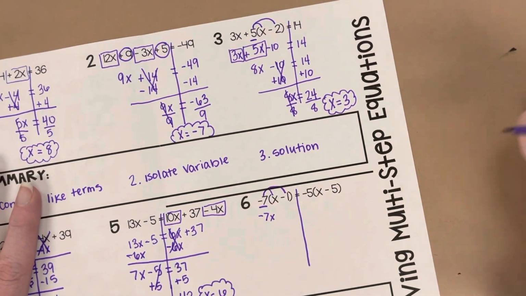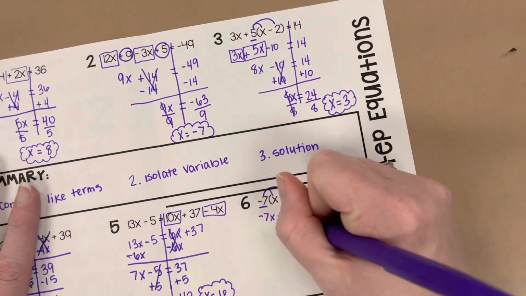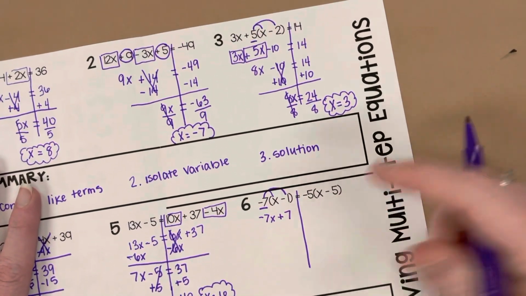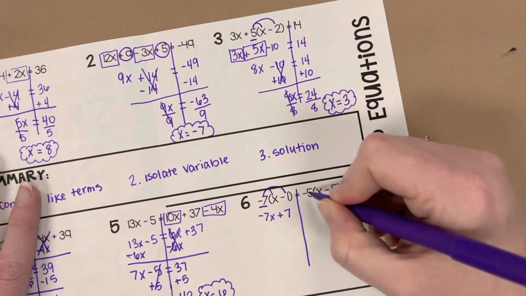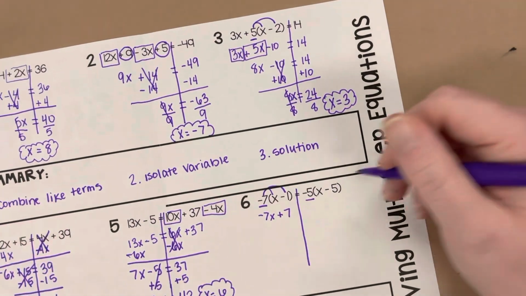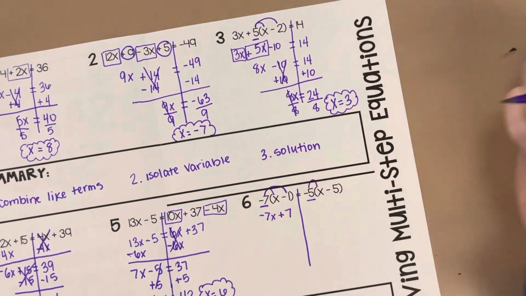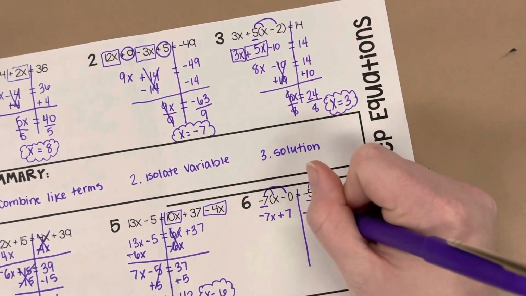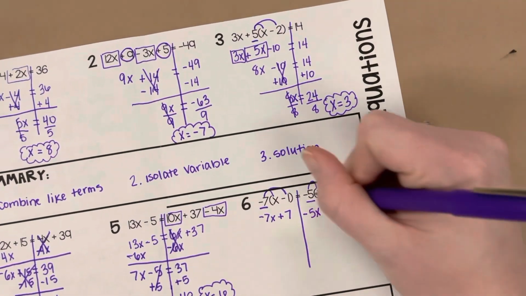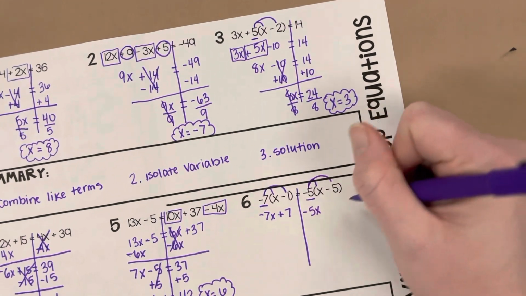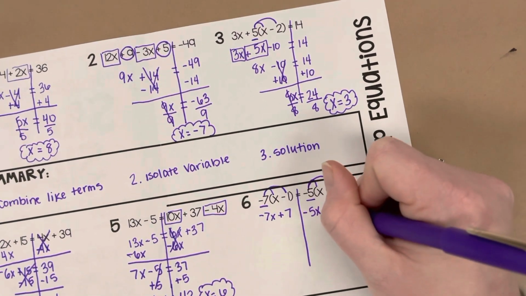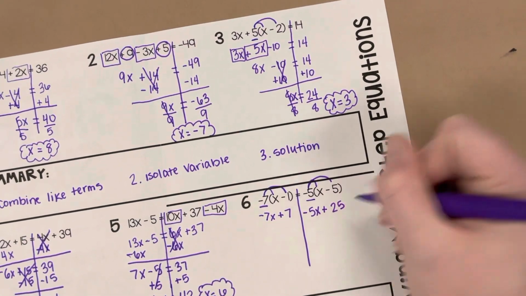Negative 7 times negative 1 is a positive 7. Then we're going to do the same with this over here, but this time it's a negative 5. So I have negative 5 times x, which is negative 5x, and negative 5 times negative 5, which is positive 25.